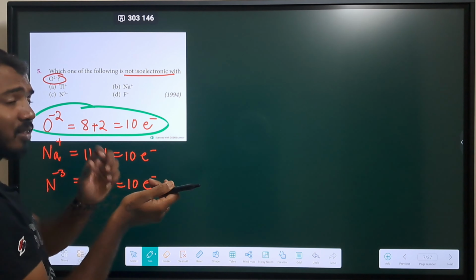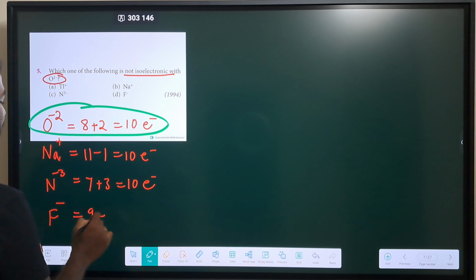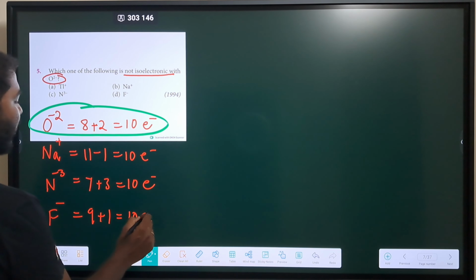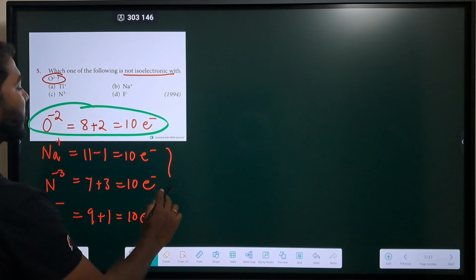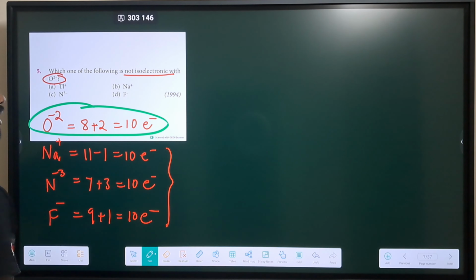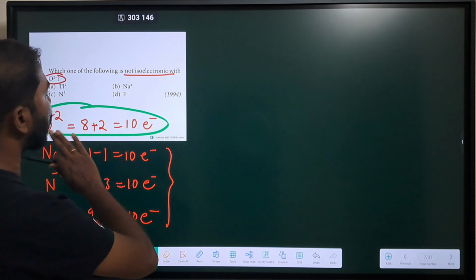We need to catch the option which is not isoelectronic. Here it is 10 and our option will have some other number of electrons, not 10. Okay. And then next F minus: 9, minus 1 means add one electron, 10. Okay. So these three options are giving us the same 10 electrons. So these three are not our option.